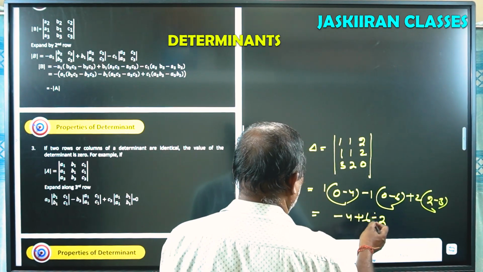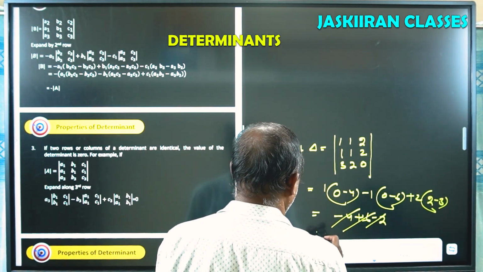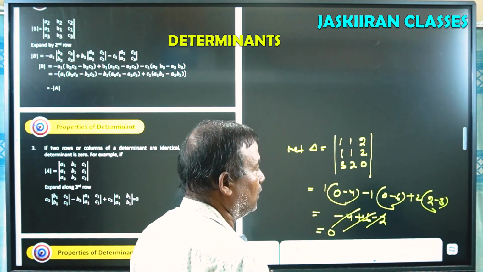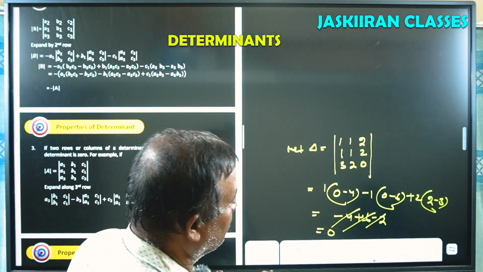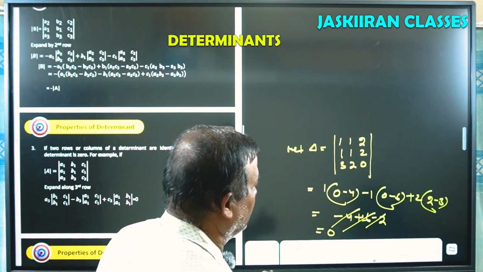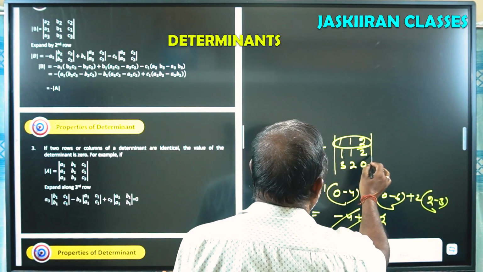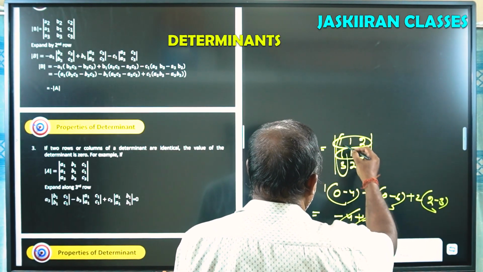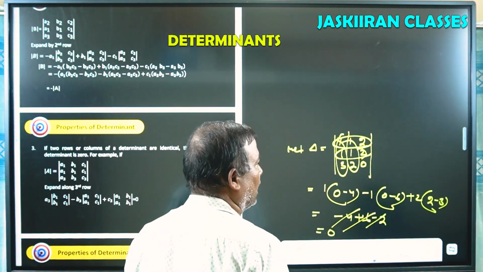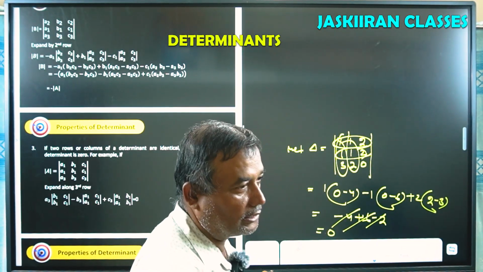So now minus 6 and plus 6 cancel out, and we get 0. From this example, we clear that if at least any two rows or any two columns are identical, then the value of the determinant is 0.